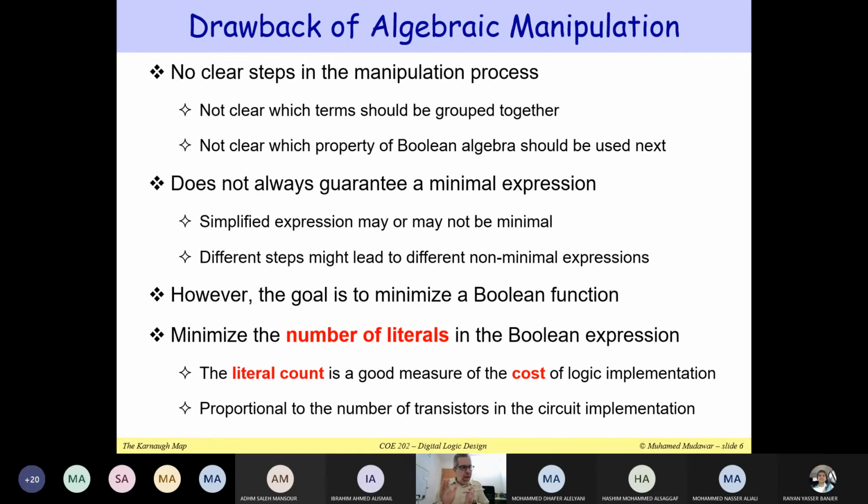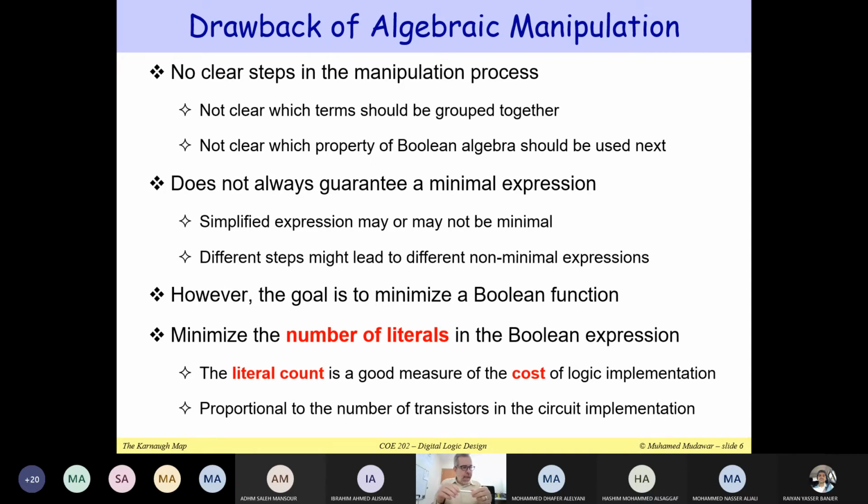So this is why, with algebraic manipulation, because the steps are not really clear, you have to use intuition about which terms to group together and which theorem to apply. So you can use different steps, and these different steps might lead to different non-minimal expressions. But the goal here is to minimize a Boolean function.